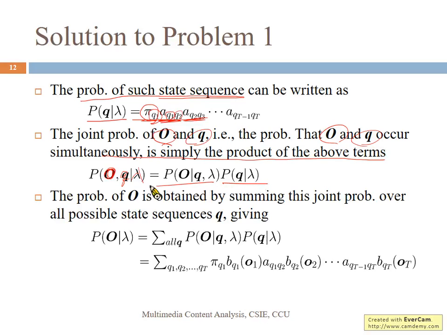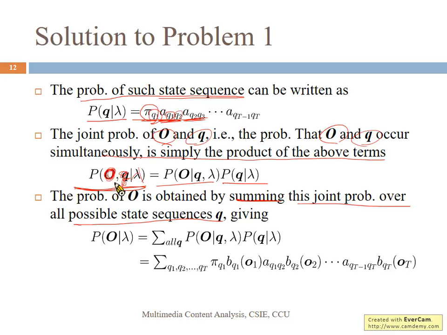The probability of O is obtained by summing this joint probability over all possible state sequences Q. Given the model, the state sequence Q is generated, and in such a state sequence, the observation sequence is generated.